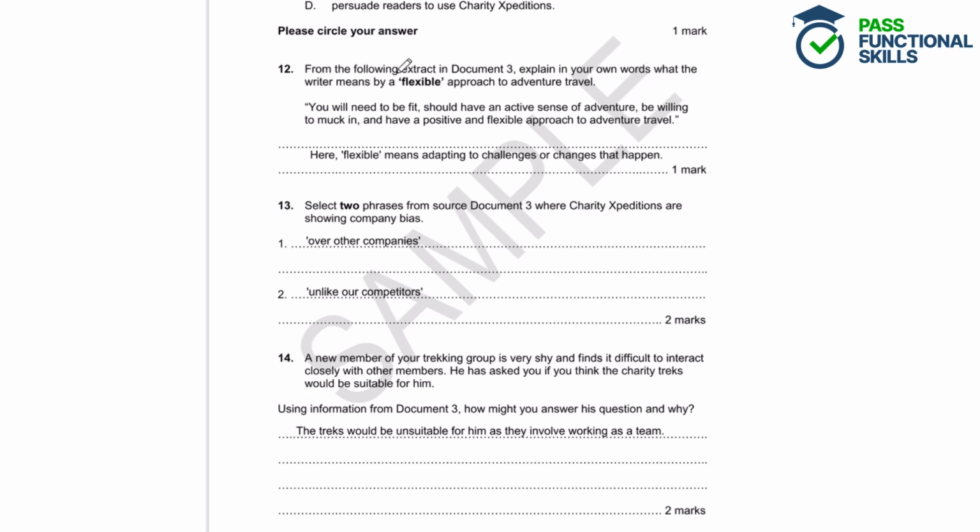So here we need to look at the extract from document 3, and we need to explain, so we need to give reasons in your own words, what the writer means by a flexible approach to adventure travel. So we're looking for the meaning of the word flexible here in this extract.